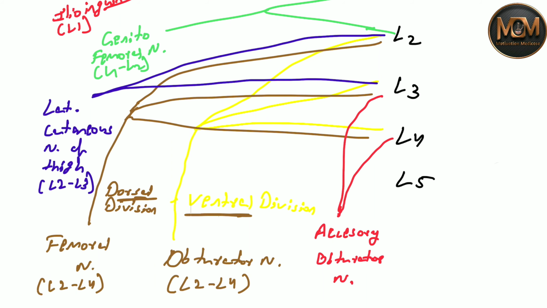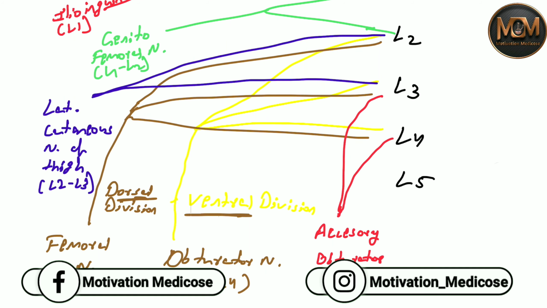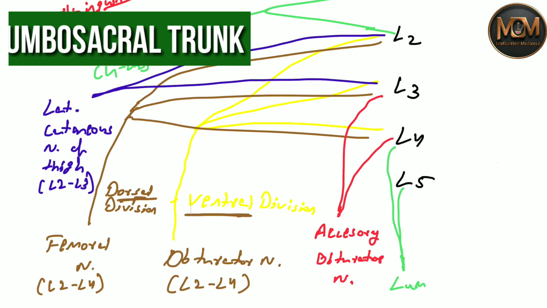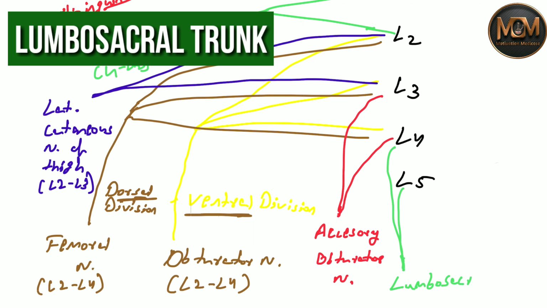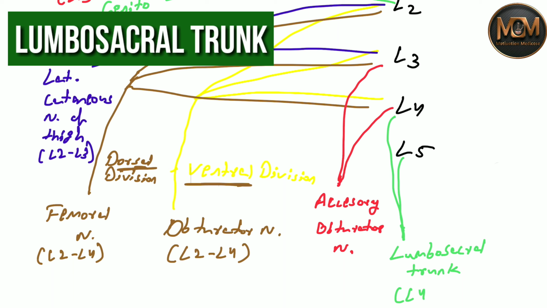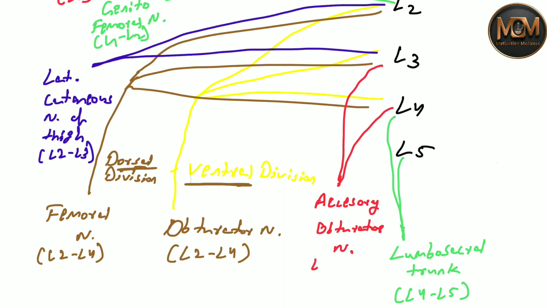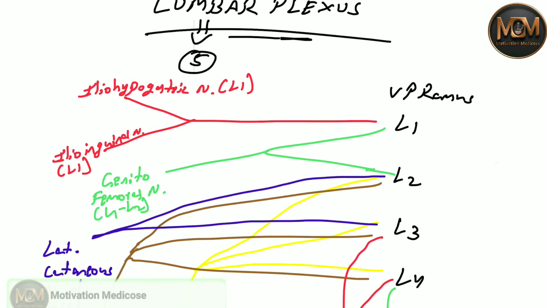And from L4 and L5 it gives one branch, that will form the lumbosacral trunk, that is by L4 and L5. So this is it, the lumbar plexus.